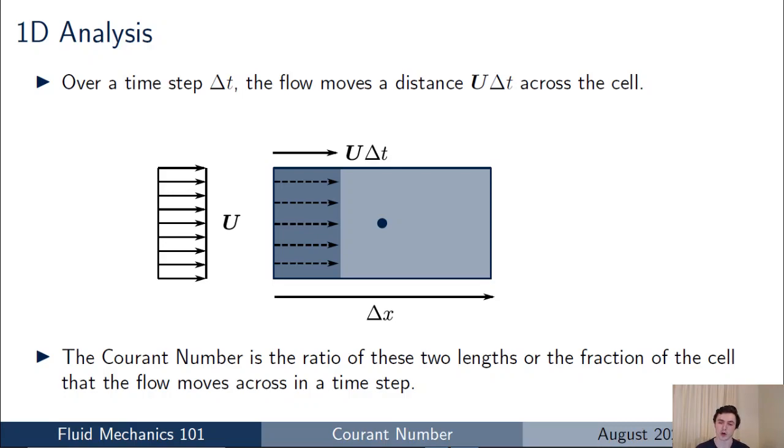It's the ratio of the distance that the flow moves, u delta t, divided by the length of the cell, delta x. So I like to think of the Courant number as the ratio of these two lengths, or alternatively, you can think of it as the fraction of the cell that the flow moves across in a time step. So really, a Courant number is just a fraction of two lengths.